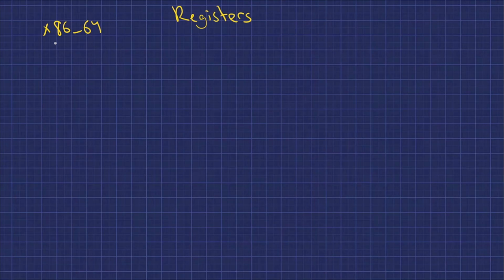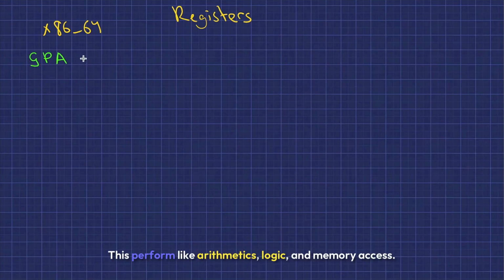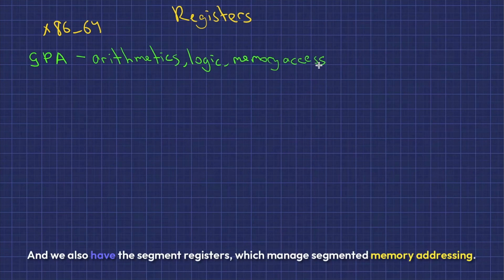In x86 assembly, there are multiple types of registers, grouped based on function. First, we have the GPRs. This is not the universal GPA here, this is general purpose registers. These perform arithmetic, logic, and memory access. We also have the segment registers, which manage segmented memory addressing.